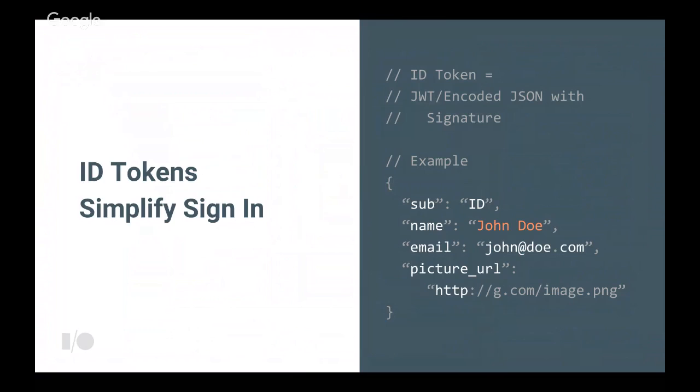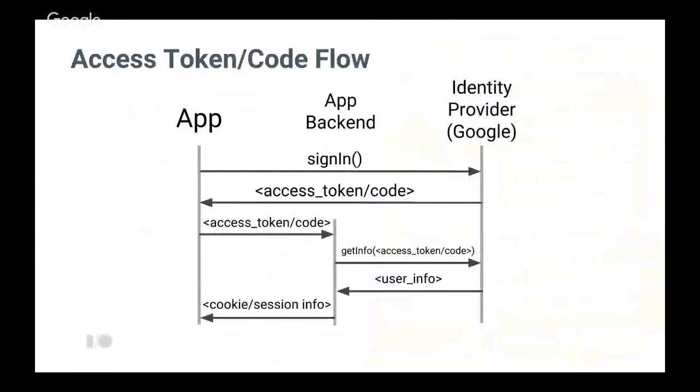Okay, so we'll talk about this in just a second here. If you've done integrations with Google in the past, I just wanted to highlight how this worked in previous versions, such as Google Plus Sign-In. The calling app, the app that users would be interacting with, calls the sign-in method to talk to Google. Google shows some UI, whether that's a redirect on the web or some UI shown by Play services on Android. The user interacts and says, yes, I'm okay providing my identity information to this app.